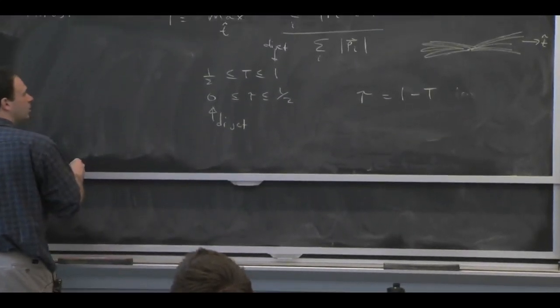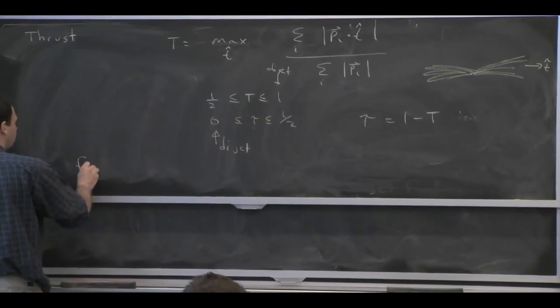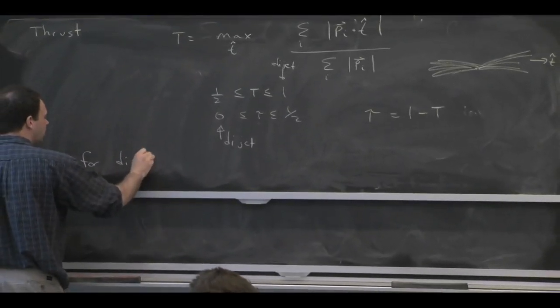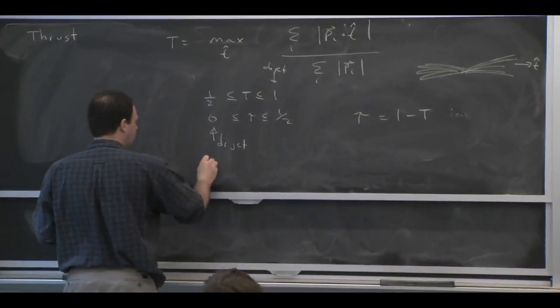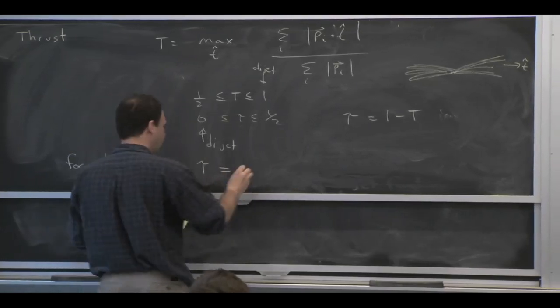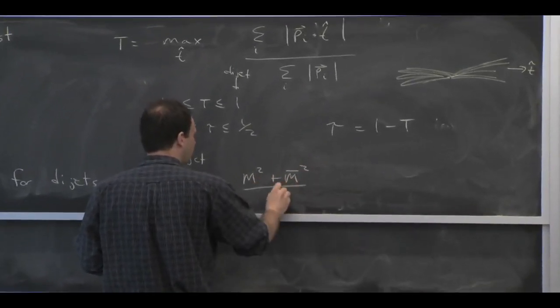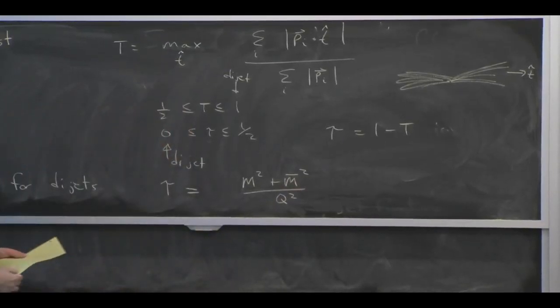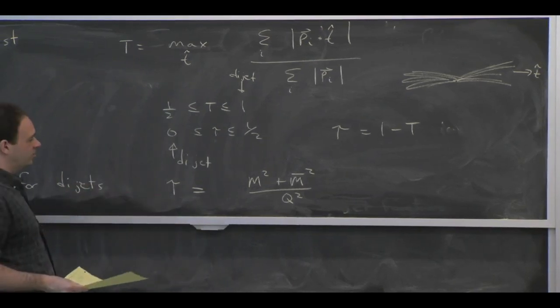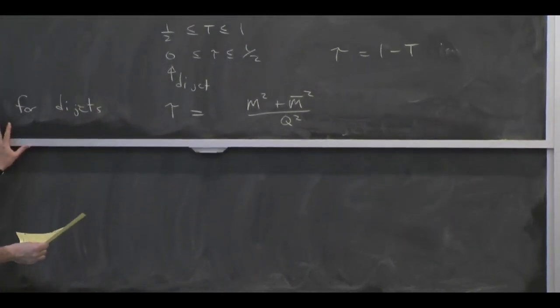And so it's possible to work out that when you're in a dijet configuration, with a bit of work you can show this tau is simply the sum of our two hemisphere invariant masses. Obviously in a dijet configuration, there are lots of simplifications to the kinematics, and with some work one can show that that's true.